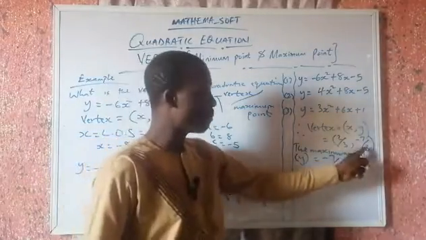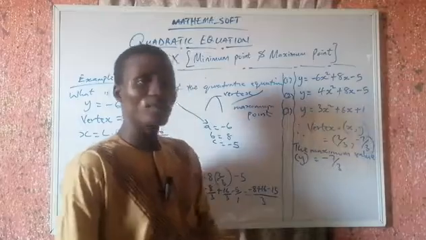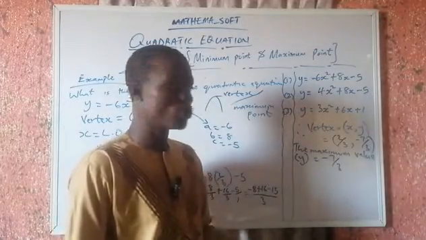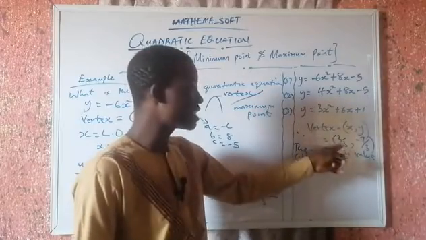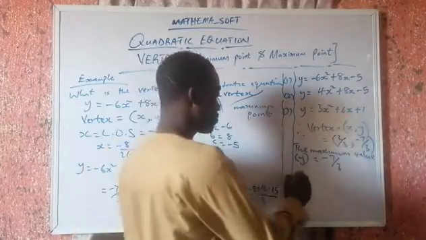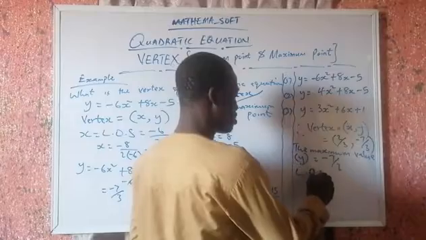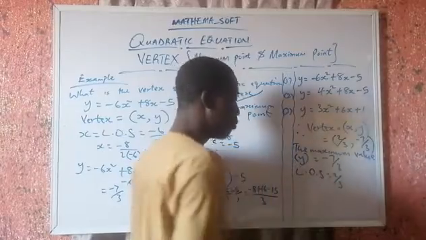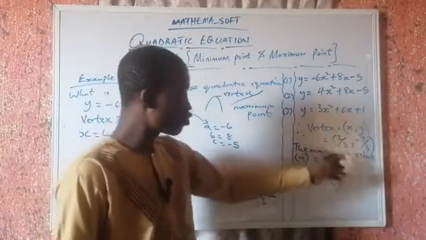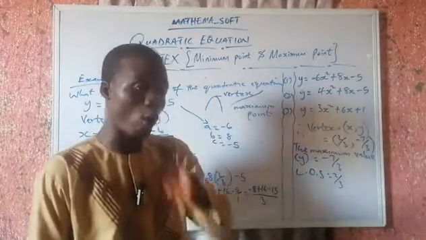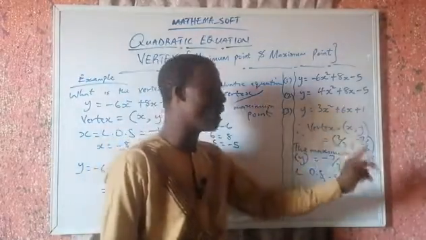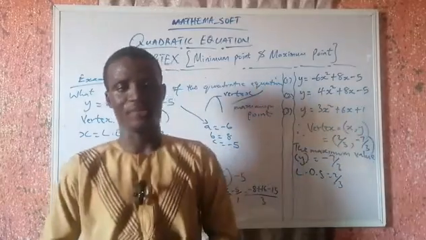Maximum value is minus 7 over 3. Line of symmetry, you don't need to actually go for that. If they ask you to state the line of symmetry, you have gotten it, it is 2 over 3. But your vertex is 2 over 3 comma minus 7 over 3, or your maximum point is 2 over 3 comma minus 7 over 3.